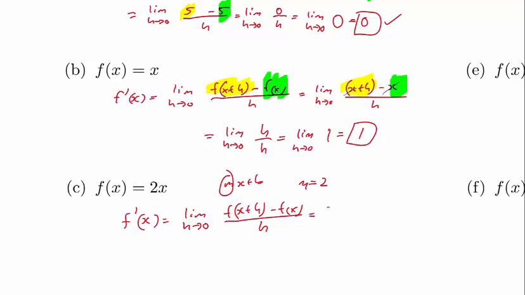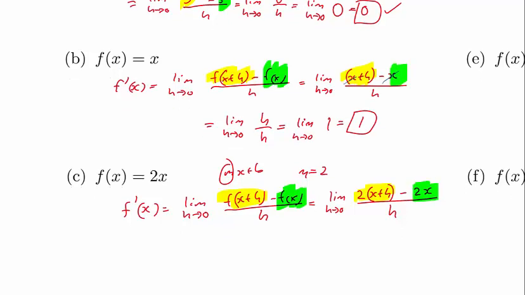All right, equals the limit as h approaches 0 of 2 times x plus h minus 2x all over h. Okay, and we'll go ahead and color code these so you can see where everything is coming from.